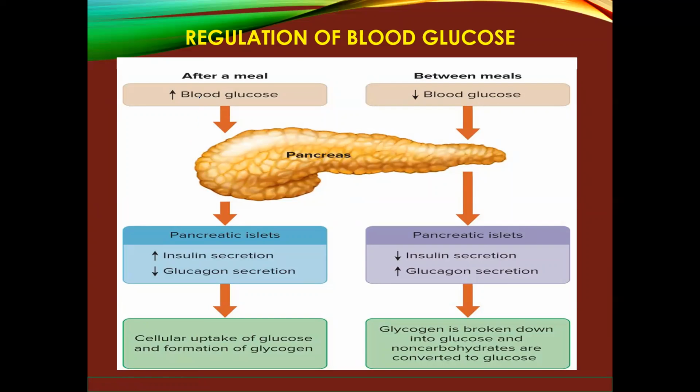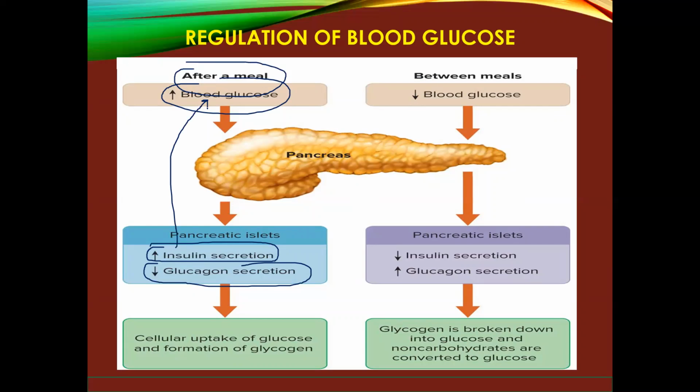This is the diagram of glucagon production and insulin production. These two hormones are antagonistic, opposing one another. For example, after a meal, after we eat, the glucose level in the blood will increase. Then the pancreas will produce more insulin and less glucagon, because insulin will be needed to reduce this glucose level in the blood.